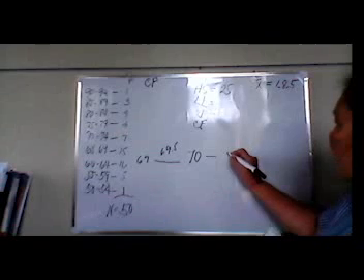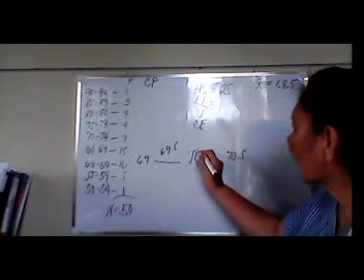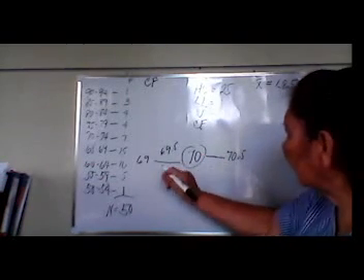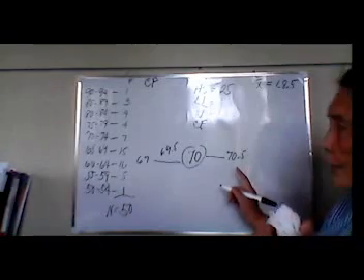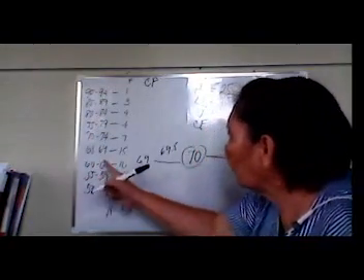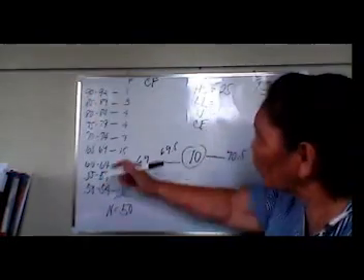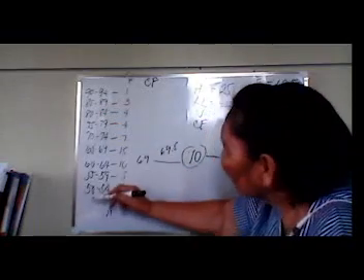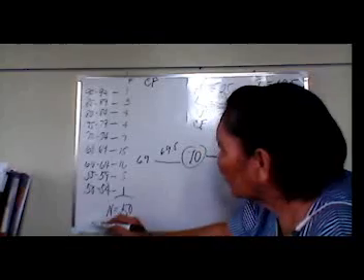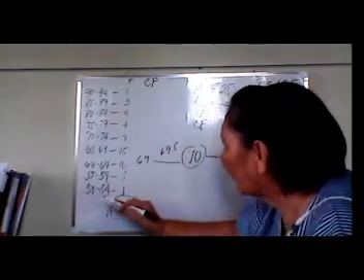The upper limit of 70 is 70.5. So actually the integer 70 extends from 69.5 to 70.5. So the real lower limit is 0.5 less than the apparent lower limit that appears there. In the case of integers, it's 0.5 less than the apparent lower limit.